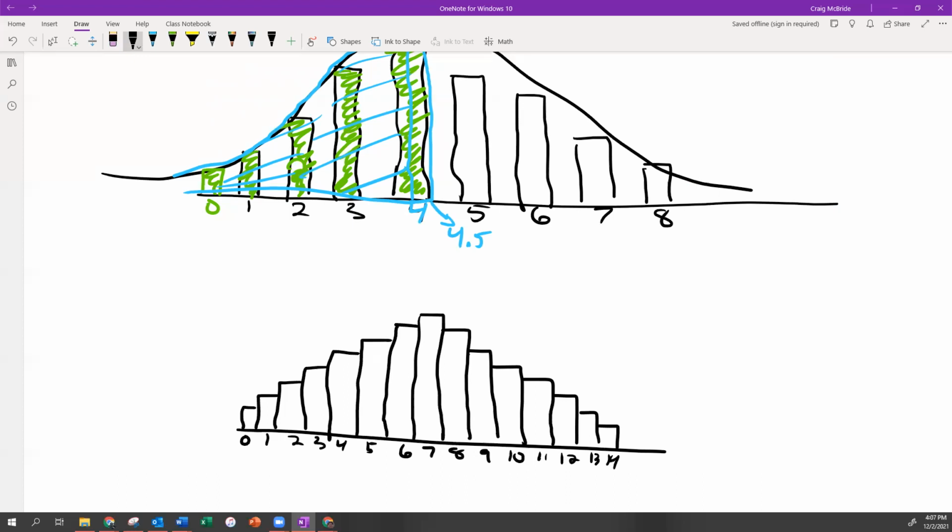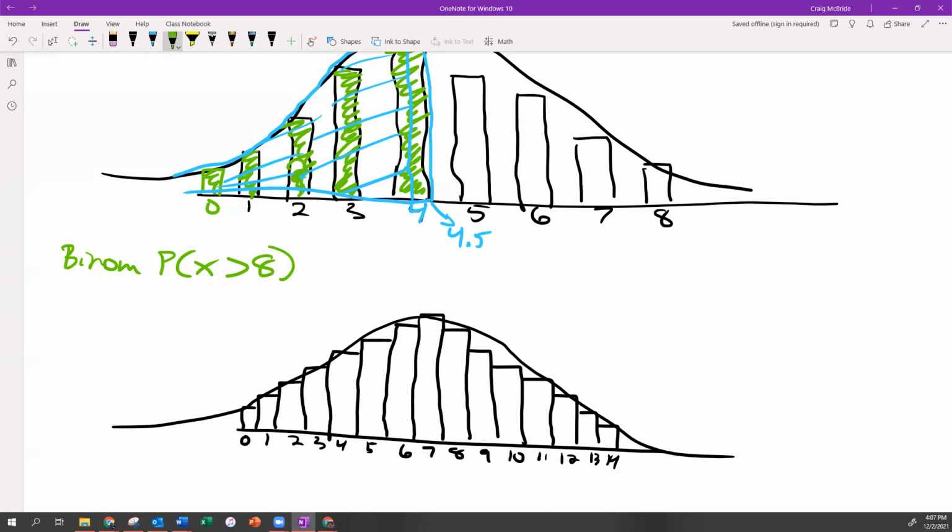And then if we try and fit a normal curve to it, it'll look something like that. And so now let's say we want to find, again, with binomial, the probability that X is strictly greater than, let's say, 8. Well, strictly greater than 8 is just all of these bars, right?